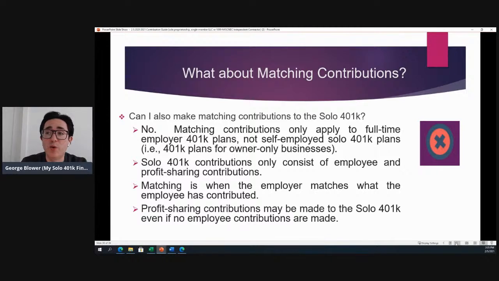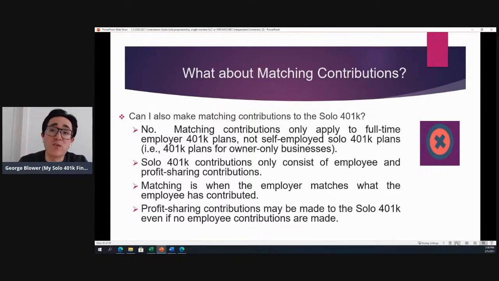So matching is when the employer matches what the employee has contributed. The closest analogy would be the profit sharing contribution that may be made to the solo 401k. But note that unlike with a matching contribution, which presupposes that there's an employee contribution that is being matched, with a profit sharing contribution, which is the 20% of the self-employment compensation limit, as we saw in the scenarios, you don't have to have an employee contribution to make that employer contribution.